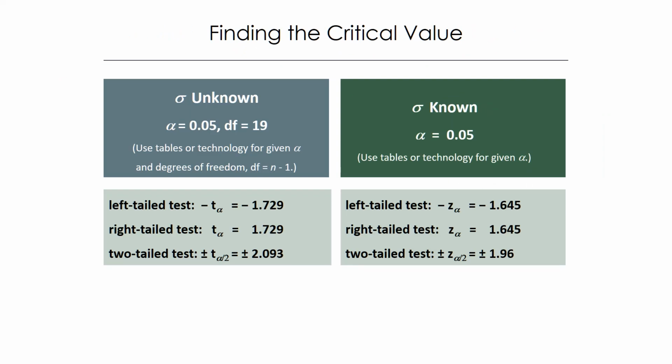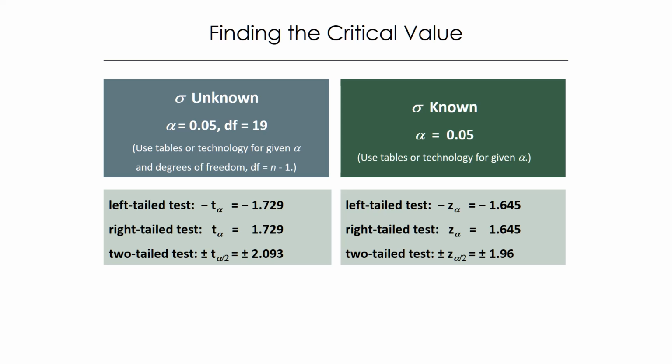Another approach for making our decision besides the p-value is finding the critical value. The critical value is just the t-score or the z-score that cuts off a given area known as alpha. Alpha stands for your statistical significance level.